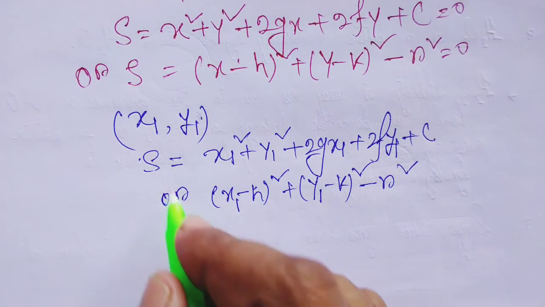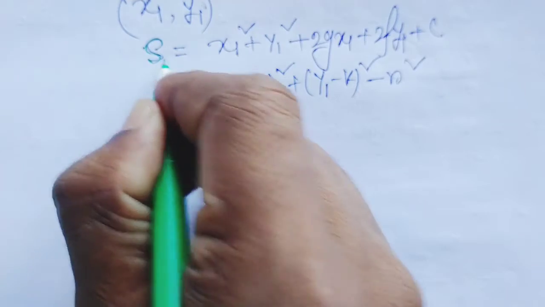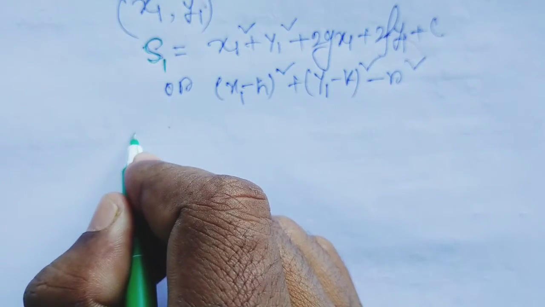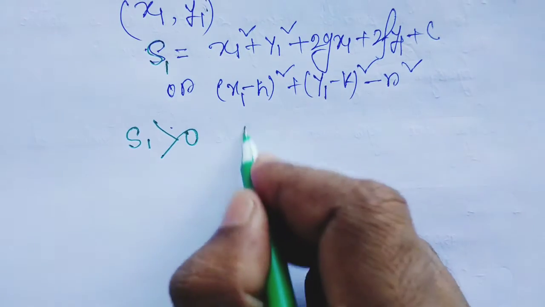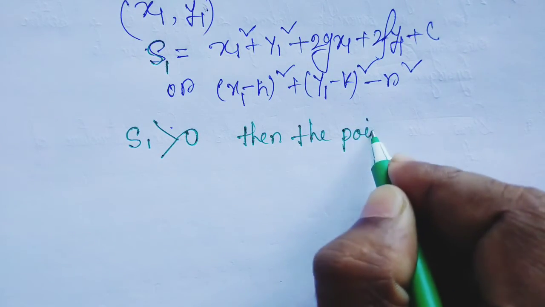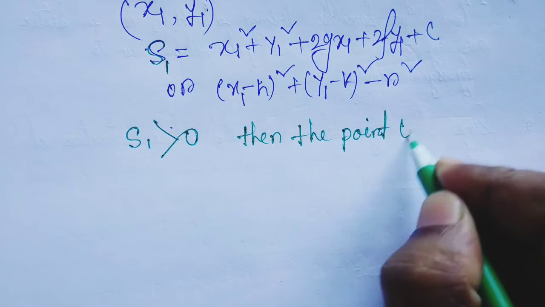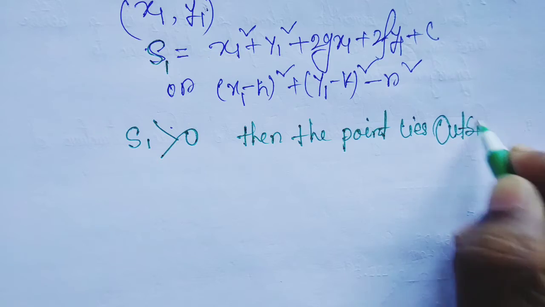If we get this value, think that this is S1. If S1 is greater than 0, then the point lies outside the circle.